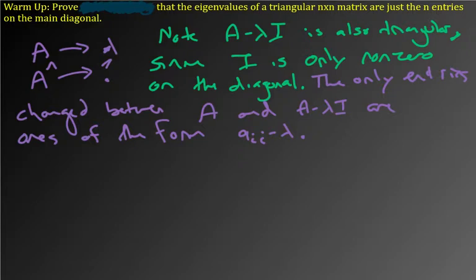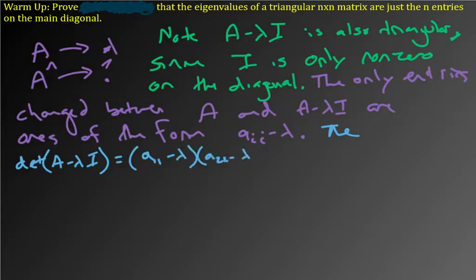And then we know that the determinant of a matrix like that, A minus lambda I, for any triangular matrix, is just the product of those diagonals: A11 minus lambda times A22 minus lambda, all the way up to Ann minus lambda, right?